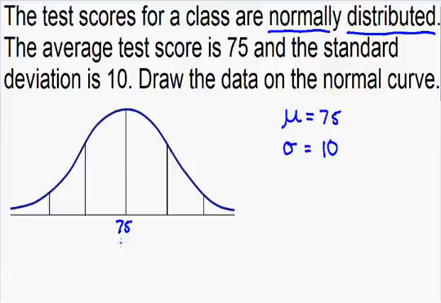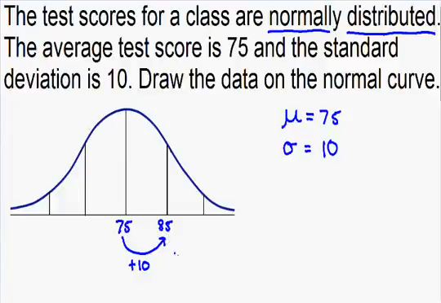So if we go to the right of the average, one standard deviation, we need to add one standard deviation, which is 10. So we need to add our standard deviation of 10. 75 plus 10 is equal to 85. So our value under this line is equal to 85.